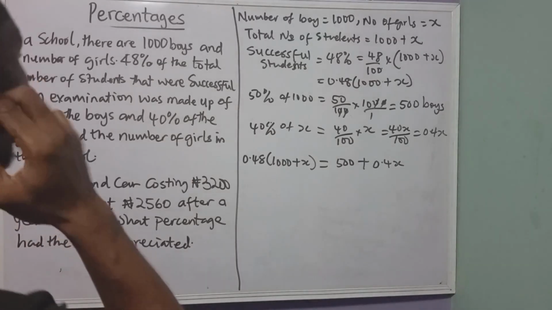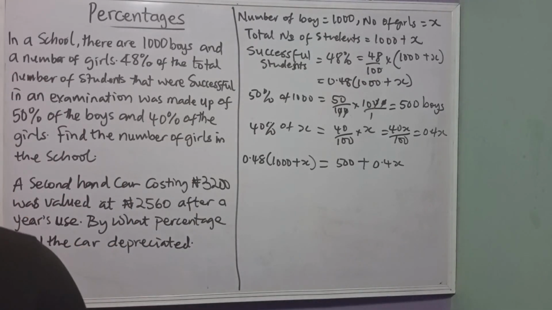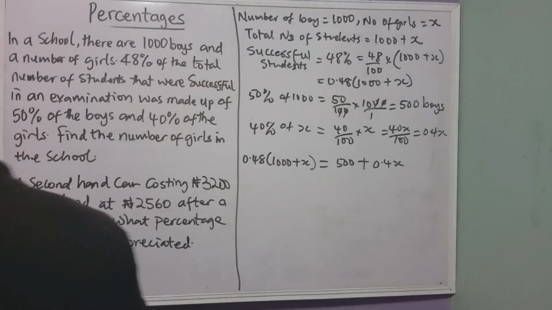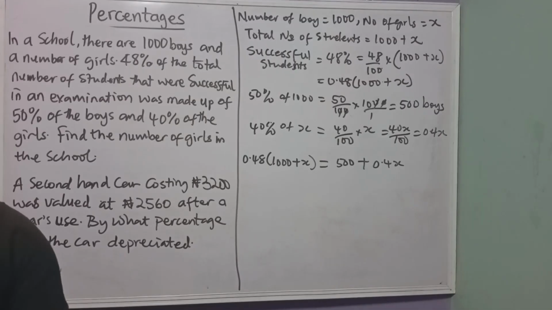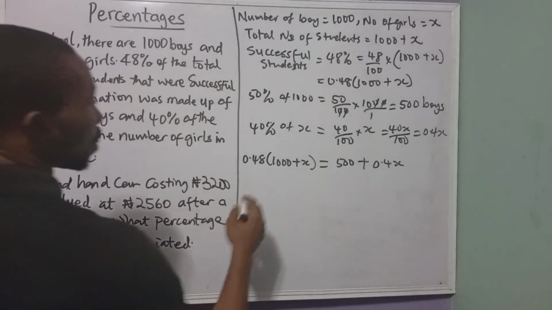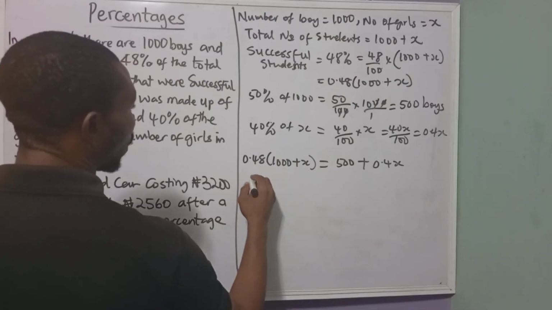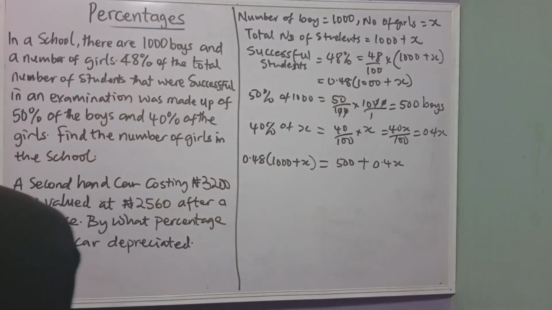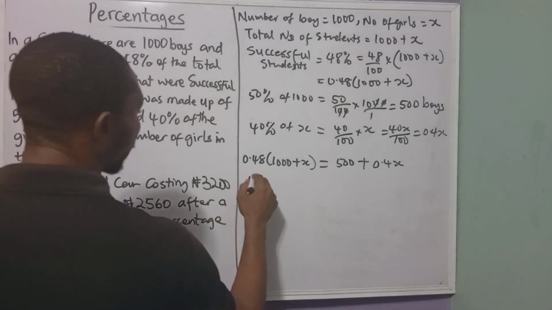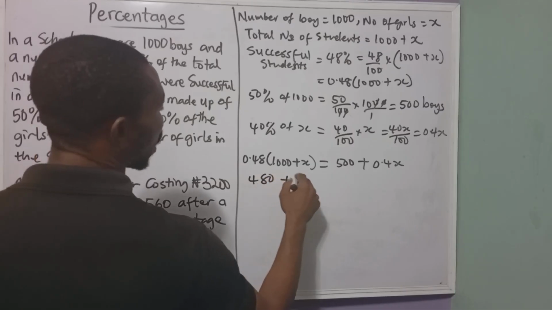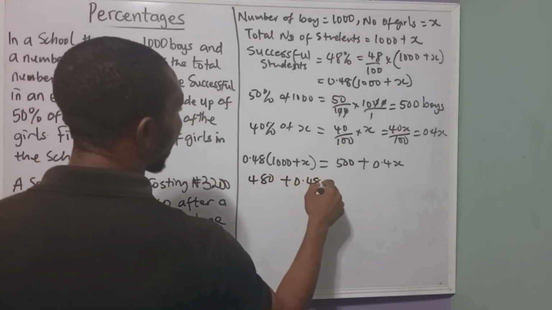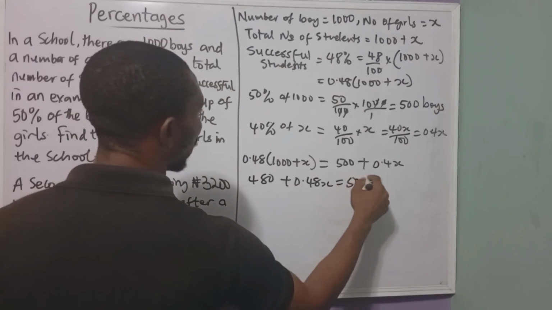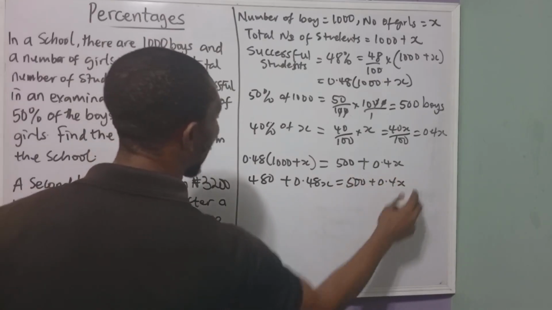Now let's open up our bracket. This will give us 480 plus 0.48x equals 500 plus 0.4x.